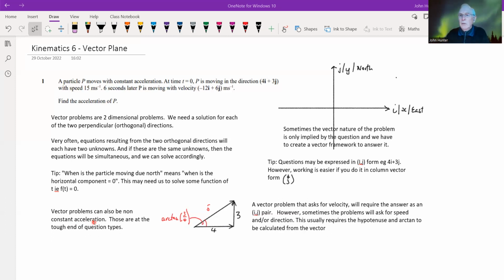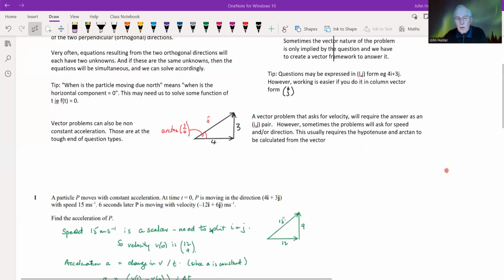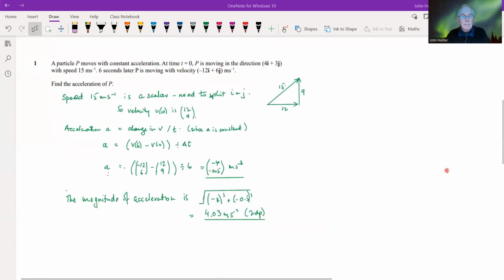You've got double complexity there. Again, not that you should be particularly fazed about it. The actual rules are a bit more complicated, but they can be done if you're methodical enough about it. Having said that, if you did get one of those in the exam, I think it would be one of the harder problems. Okay, so let's move on and have a look at an example.